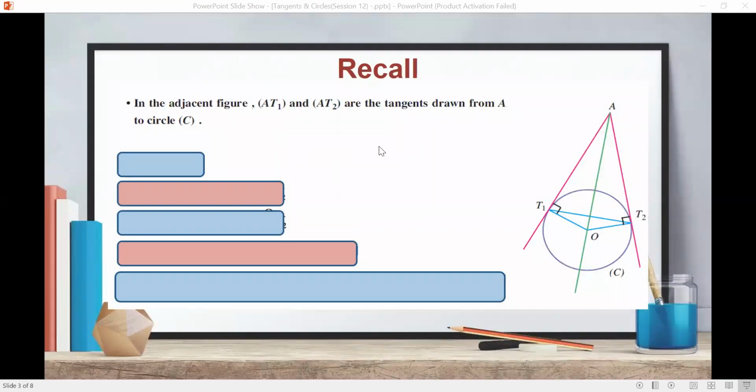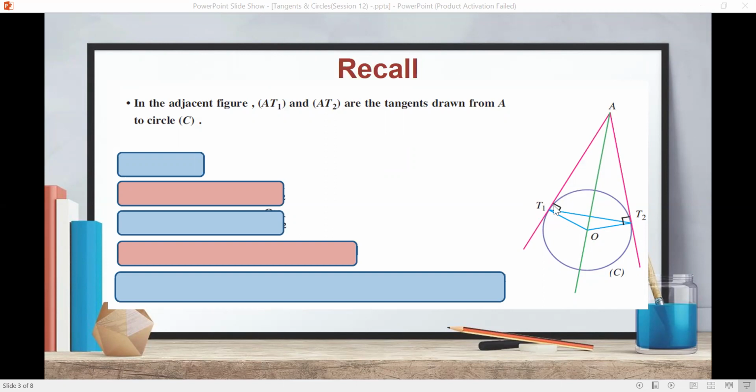In the adjacent figure, we recall it is a circle C. A is a point outside the circle. We have AT1 is the first tangent, AT2 is the second tangent, and as we know, from a point A outside a circle, we can draw two tangents to the circle.